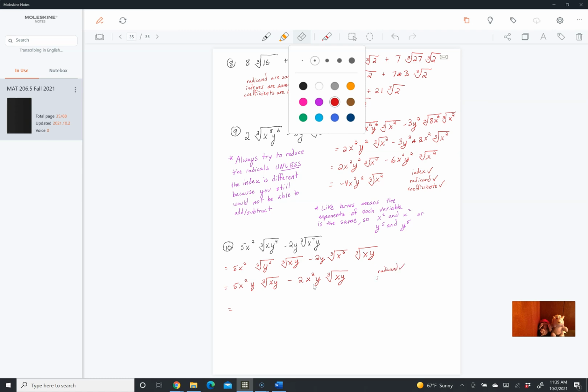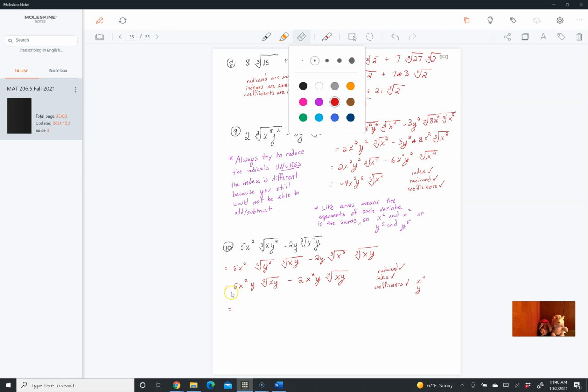So now, at this point, our radicands are the same. The indexes are the same. The coefficients, they are like terms because you have an x squared and you have a y to the first in both terms. Okay? We have x squared, y, and that's it for variables. There's nothing that's different.